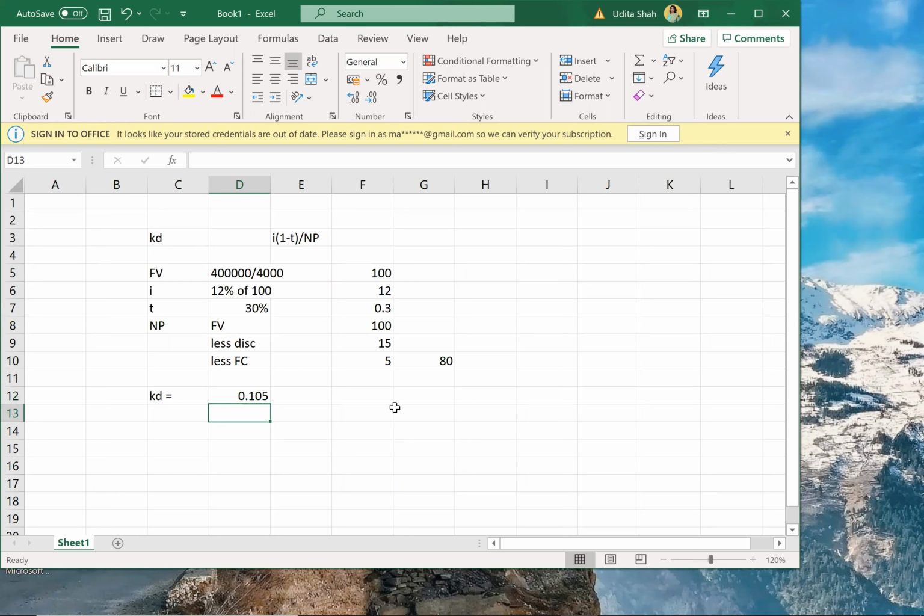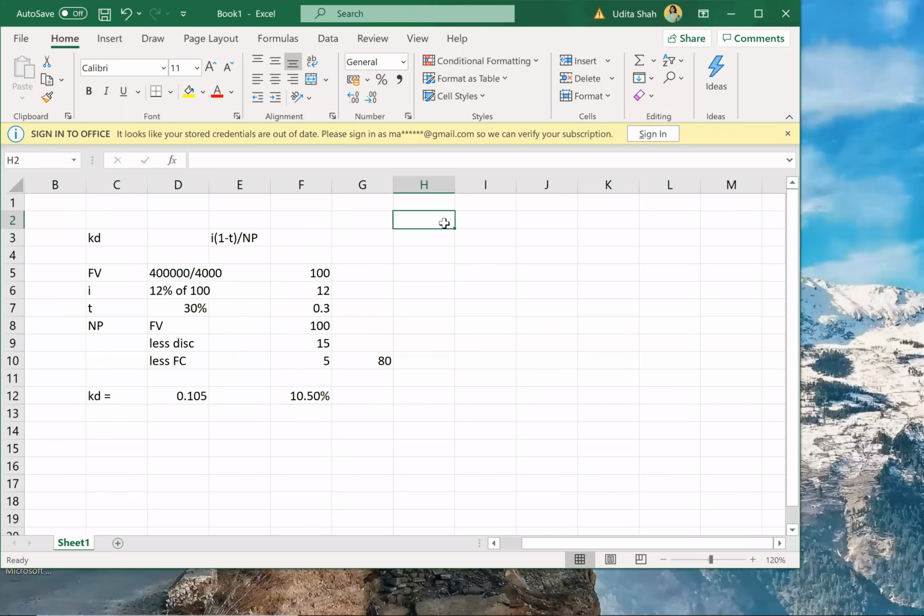So 0.105, or can I say 10.5%? 10.5% is my KD. Just check your answers. Put a yes in the chat box if you're getting the answers.